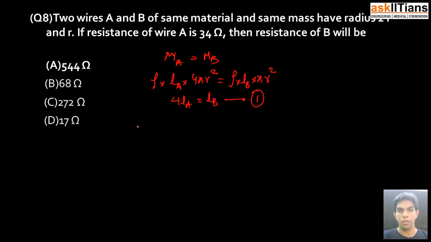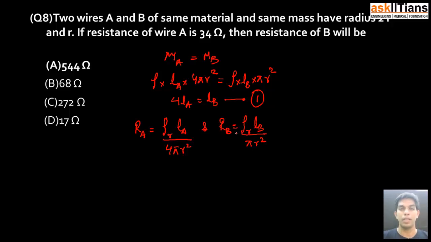Now, the resistance of wire A is given as rho r, that is resistivity, into LA divided by 4 pi r square. Similarly, RB, the resistance of wire B, is given by rho r, its resistivity, into LB divided by pi r square.